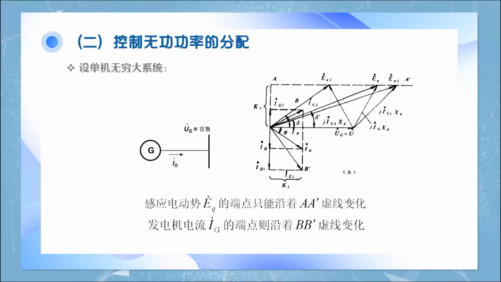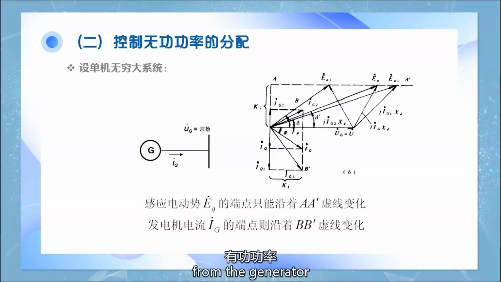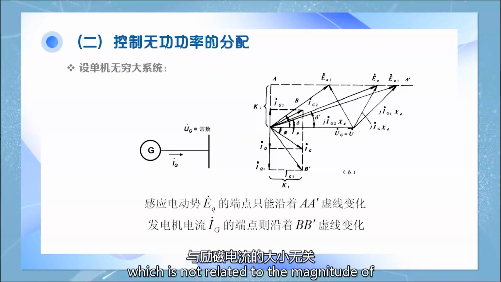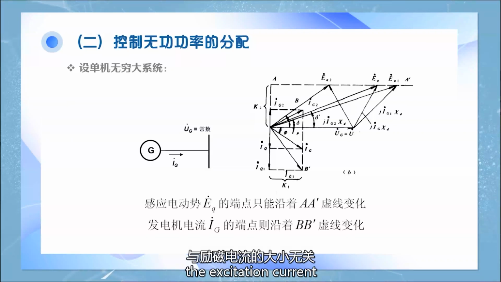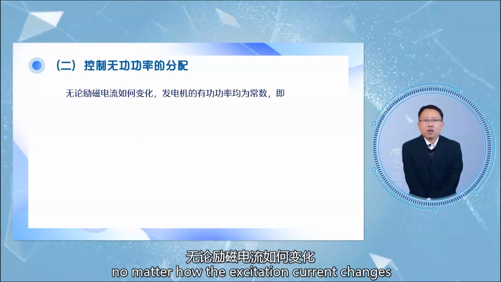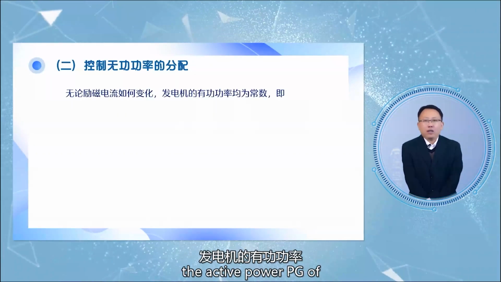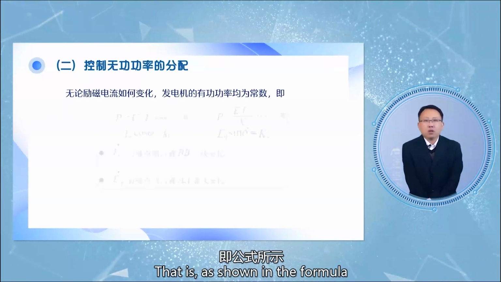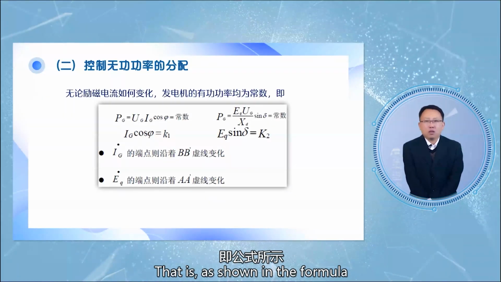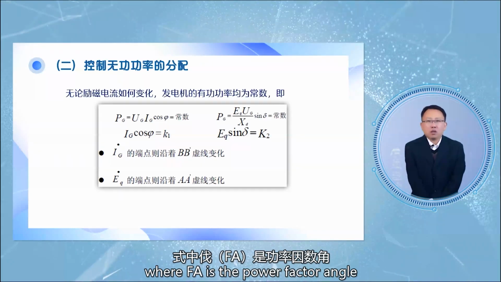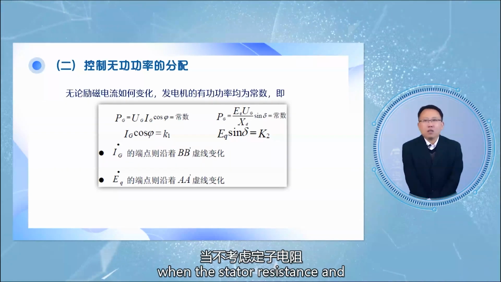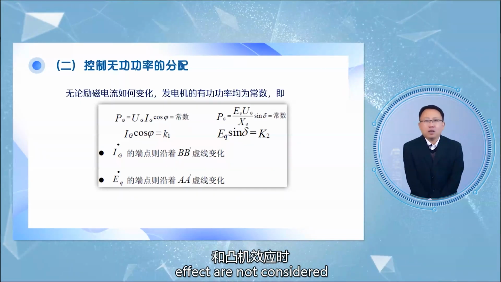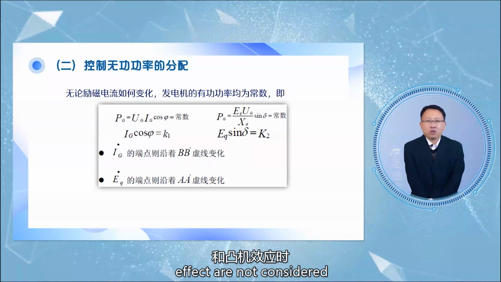Since the active power from the generator is controlled only by the governor, which is not related to the magnitude of the excitation current, no matter how the excitation current changes, the active power PG of the generator is a constant, as shown in the formula, where phi is the power factor angle, when the stator resistance and the salient pole effect are not considered.